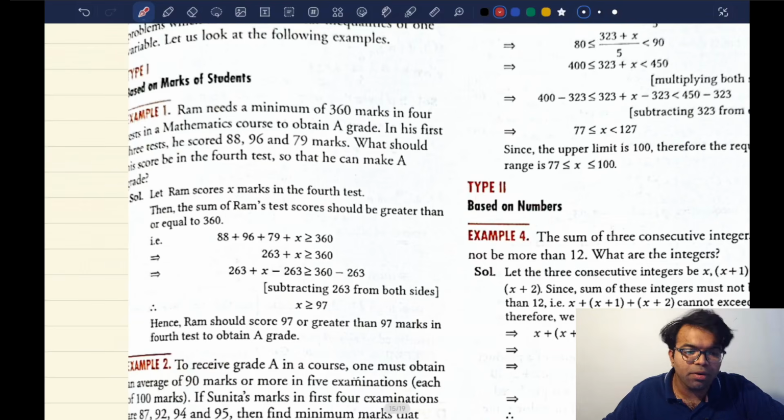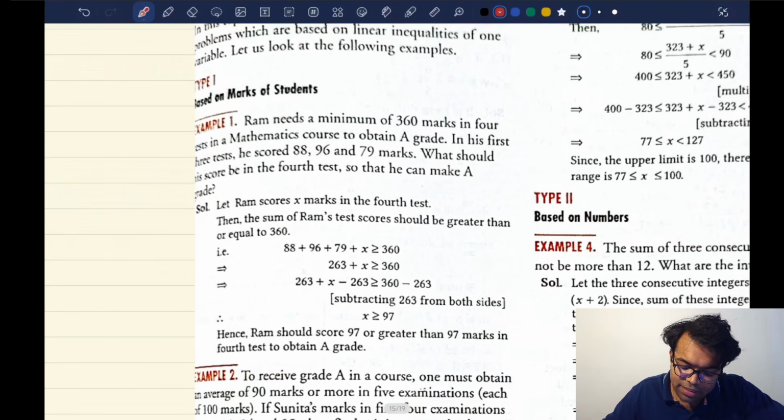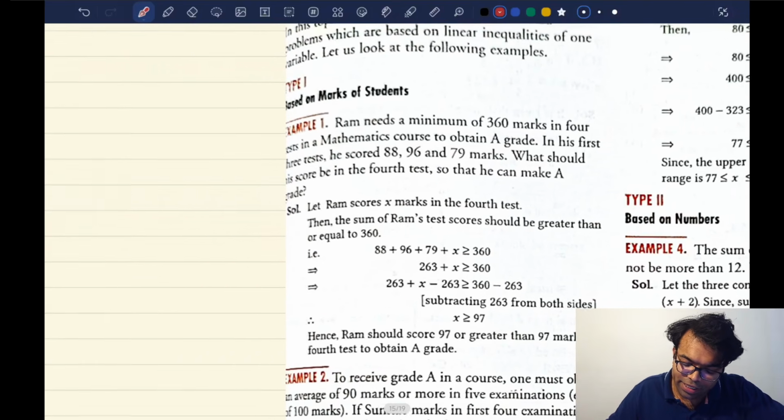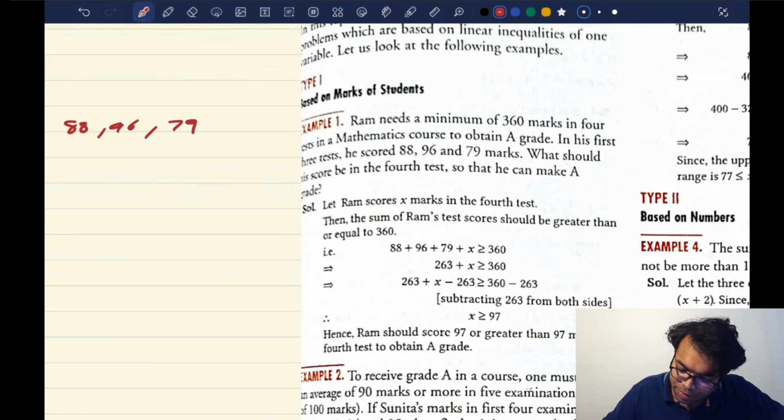Ram needs a minimum of 360 marks in four tests in mathematics course to obtain an A grade. If in his first three tests he scored 88, 96, and 79, what should his score be in the fourth test so that he can make an A grade?